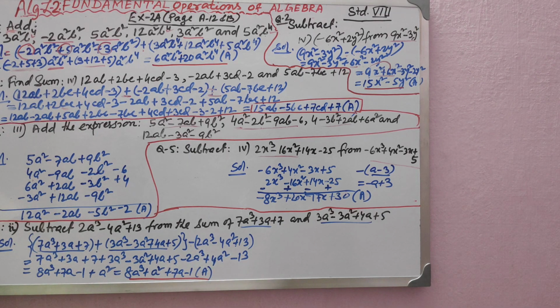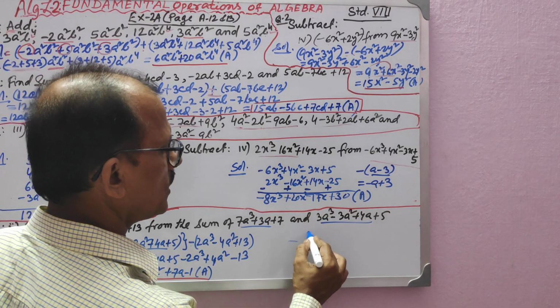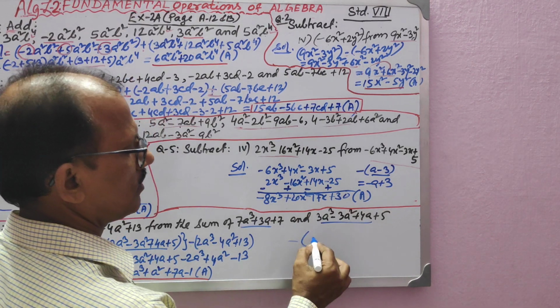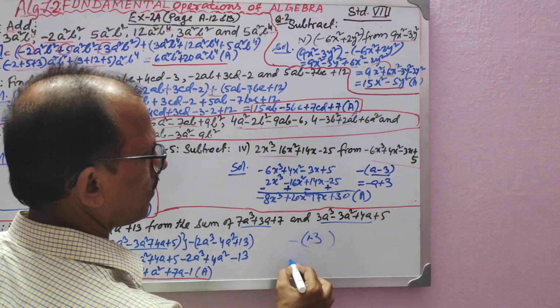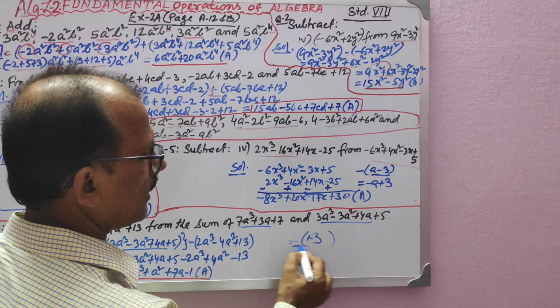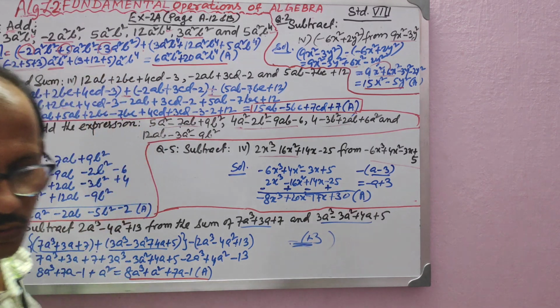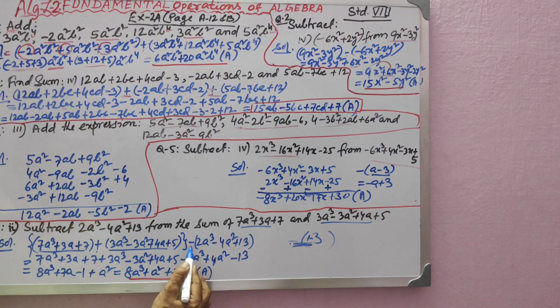When minus and plus are multiplied, when minus is associated with another bracket, the multiplication of the sign works. Here it was having a plus sign. So this minus sign will multiply with each term's sign. See, it was plus, it became minus. It was minus, it will become plus. So a minus sign outside the bracket makes the opposite sign, as I said to you.